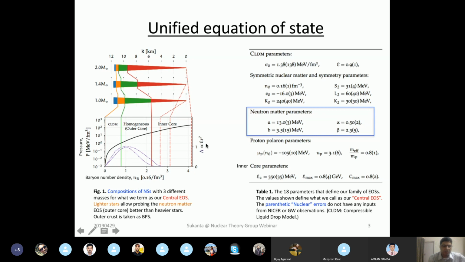So there is a competition between the two parameters, but if you calculate them for the central equation of state whose values are given here, then you find that for these two neutron stars, the tidal deformability behaves like this, which means that the greatest influence on the tidal deformability for these neutron stars actually arises from this homogeneous neutron matter outer core. And that is going to be one of the focal points of our study. So ultimately, we'll see how good modeling of this outer core can have a bearing on our ability to measure lambda.